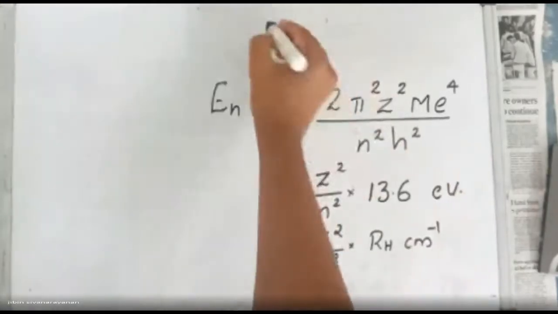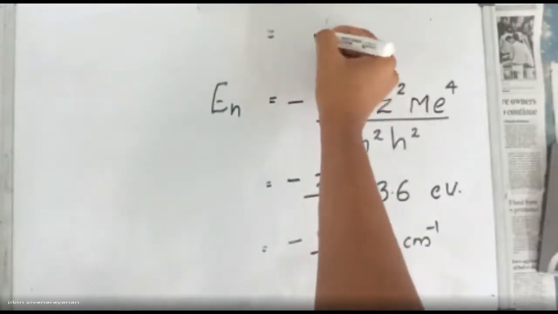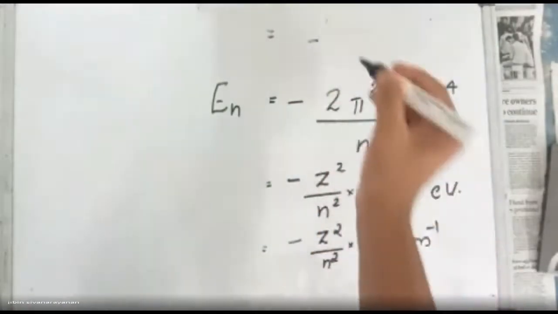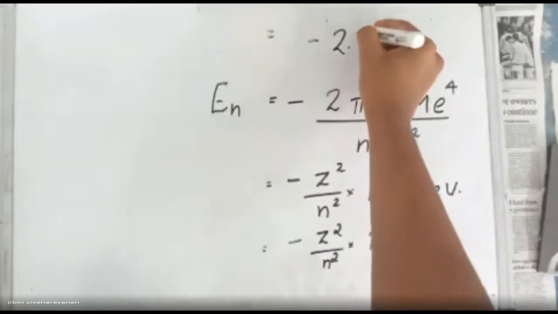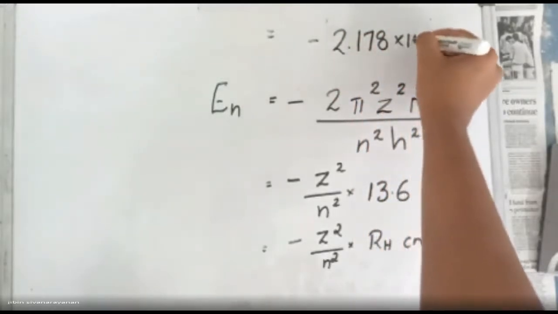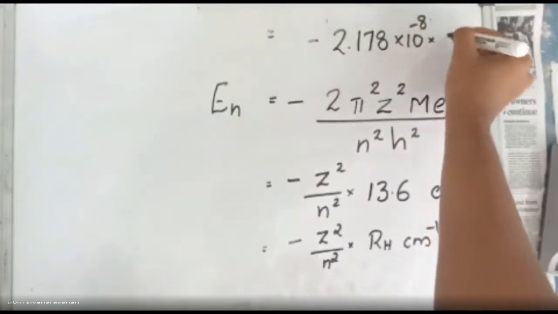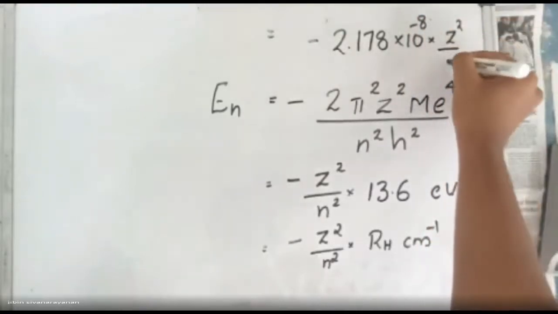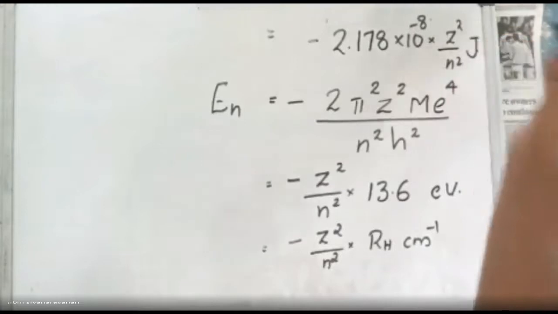Then if you want to use it in joules, I'm writing here. I think if people can see this, that is 2.178 into 10 to the power of minus 18 Z square by n square. This is in joules.